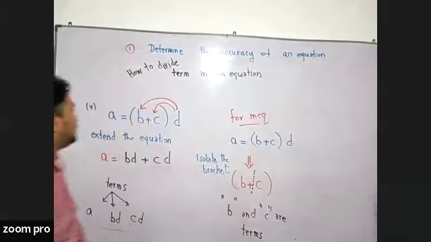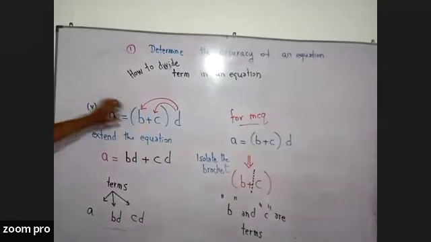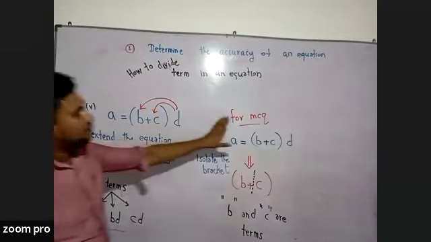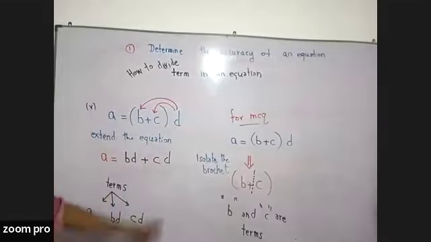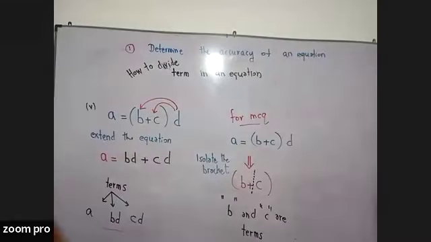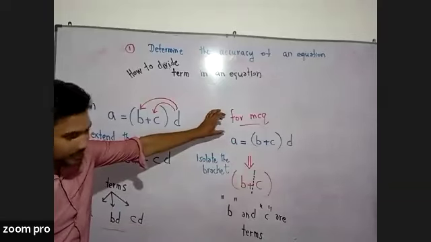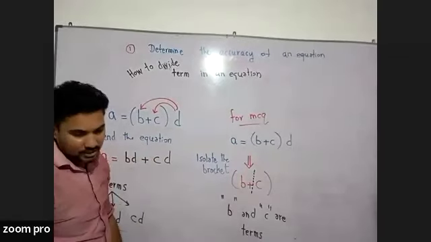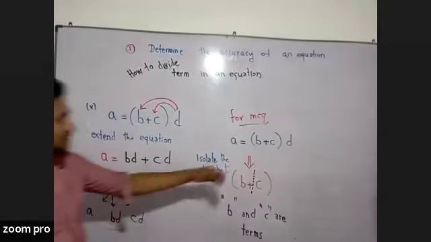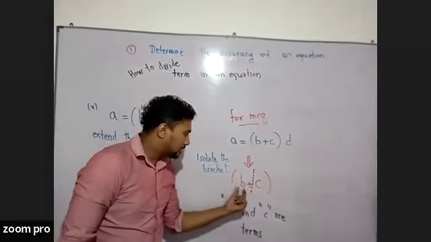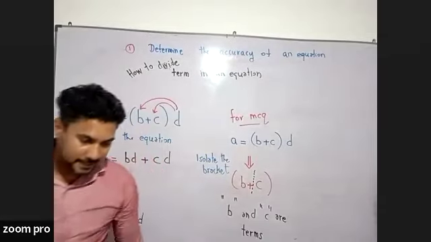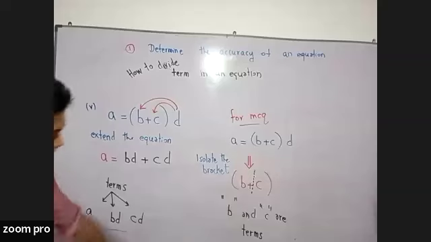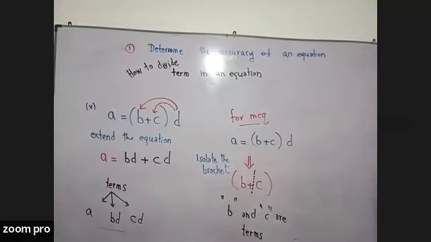Just put this example as the 5th one and make this tricky point, inside the bracket or something. Make a special note that it is basically for the MCQs, and these two can be considered as separate terms. Okay, just write it down.